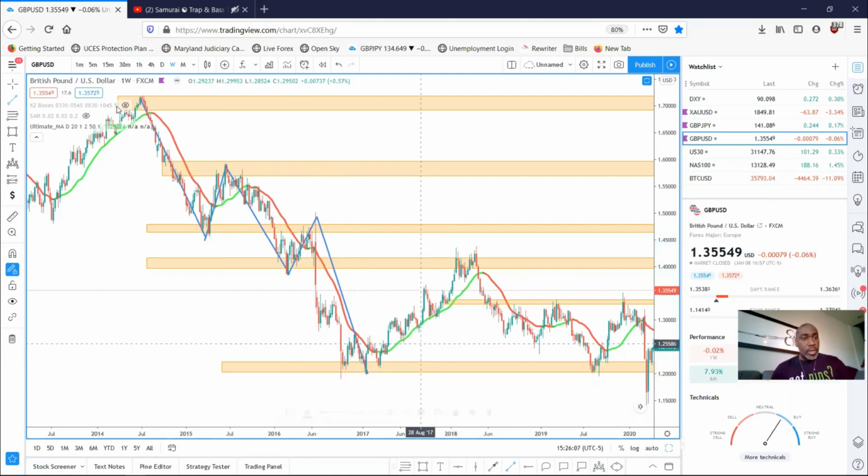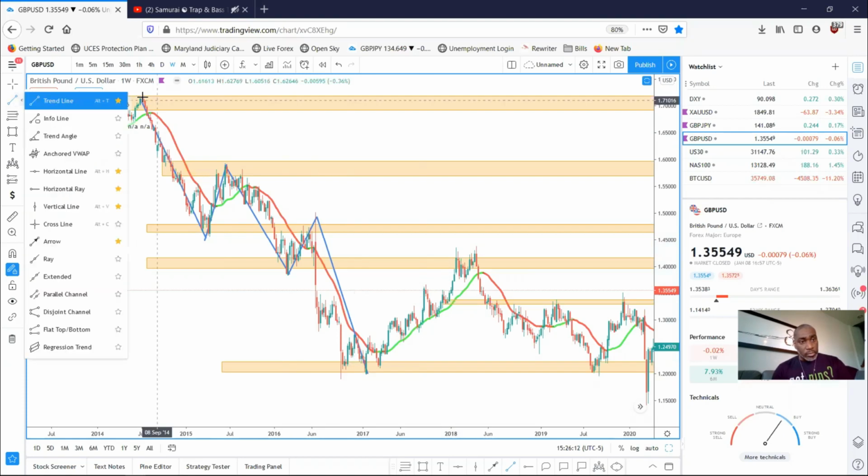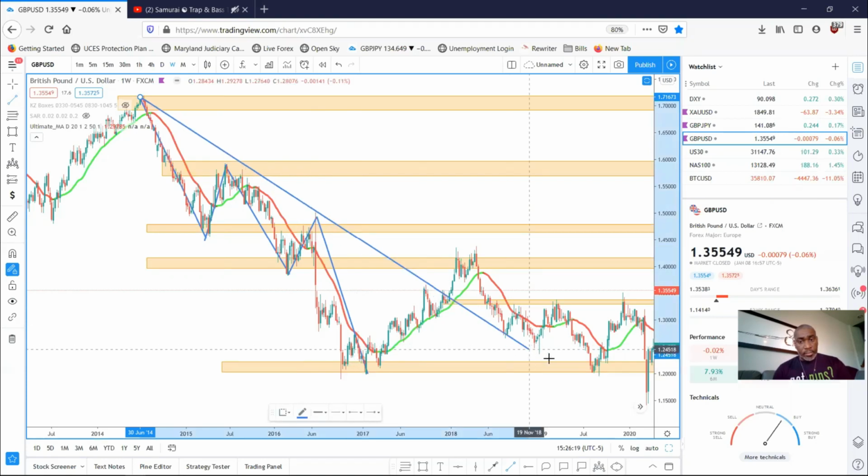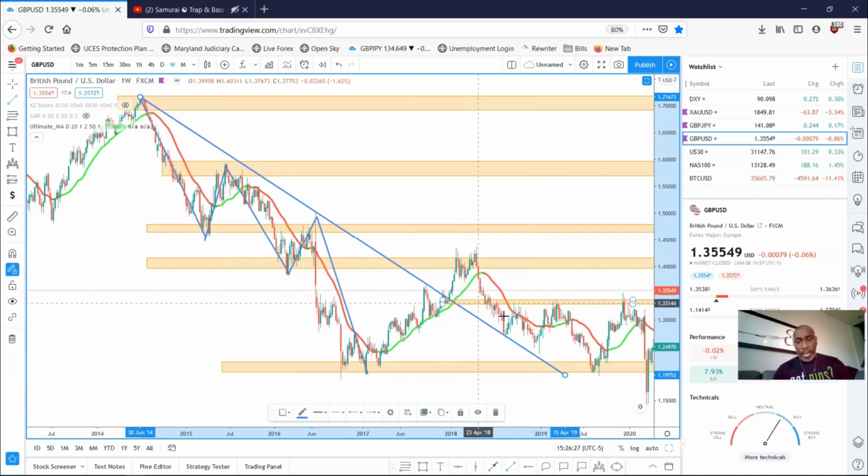Now, easy way, like we said before, to determine best time is to just use what? Your trend line. When she breaks her trend line, she has to come back to retest that trend line.